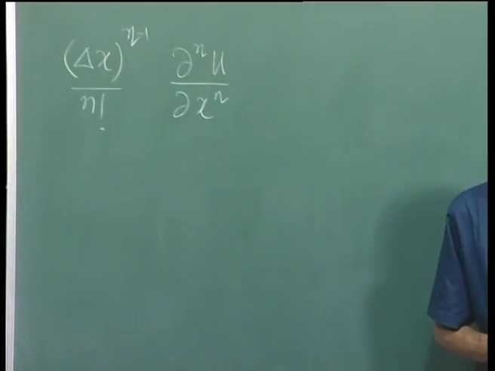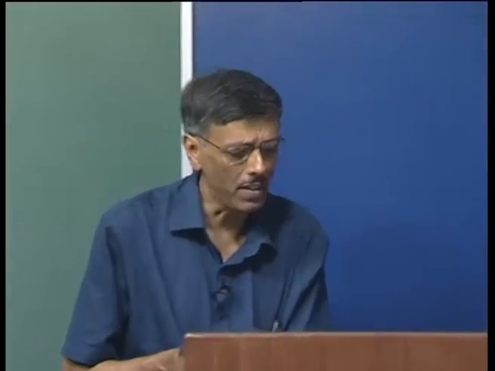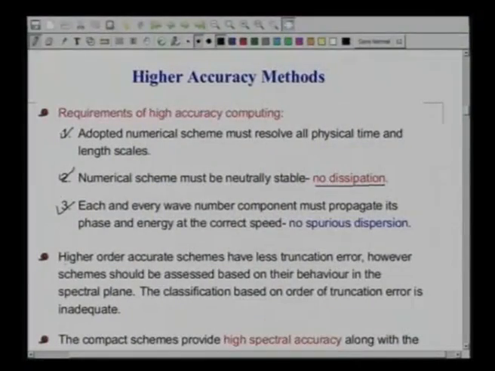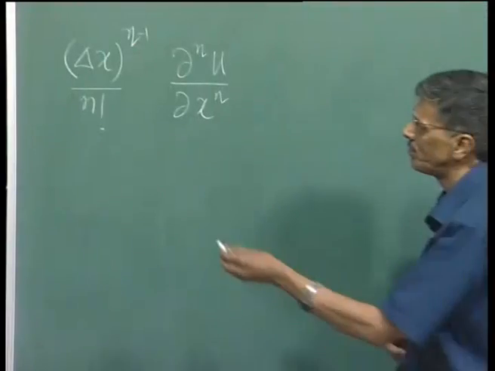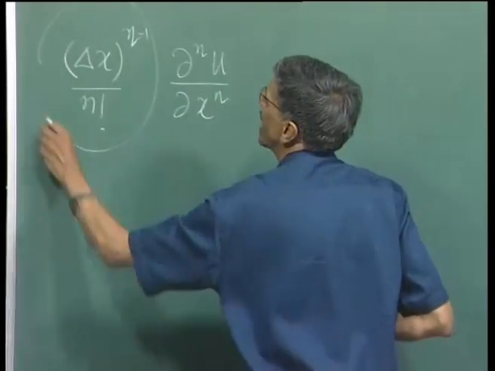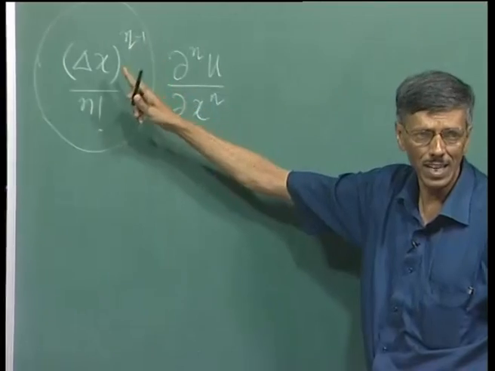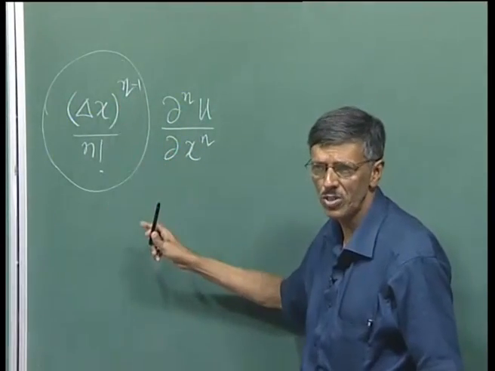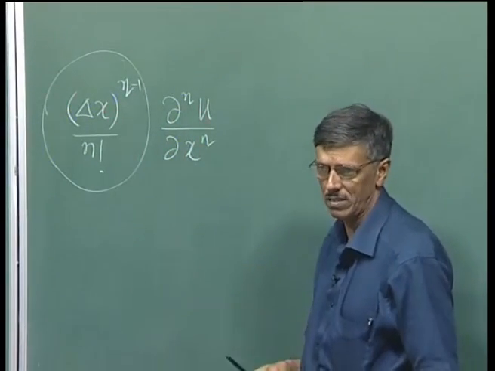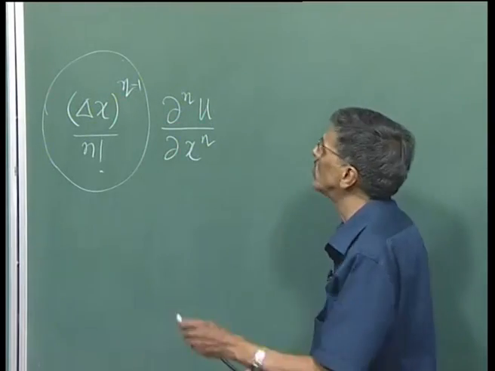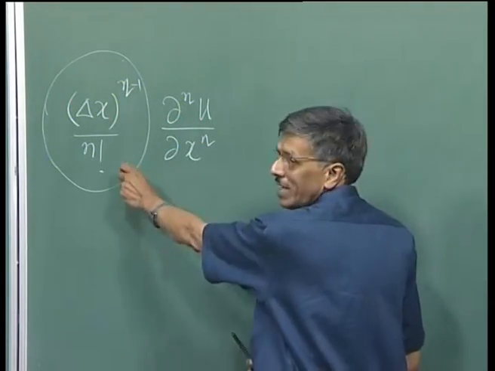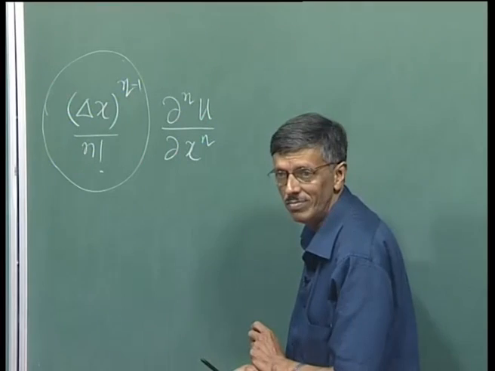What is basically done most of the time when you look at a higher order accurate system is that you are basically talking about this term. You expect that if this exponent is high, delta x being small, the contribution will be small. But the essential point remains that what we need to look at is basically the product of the two.